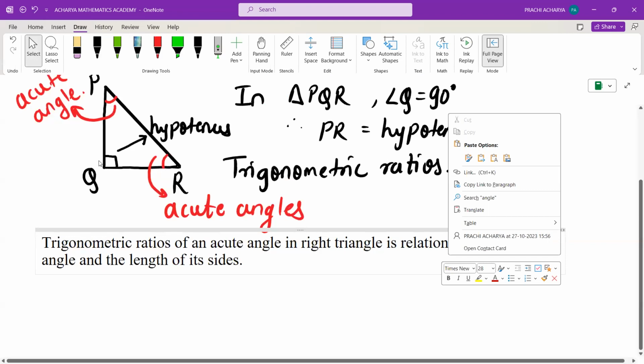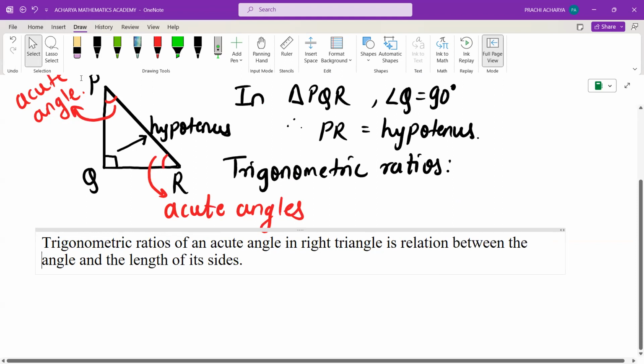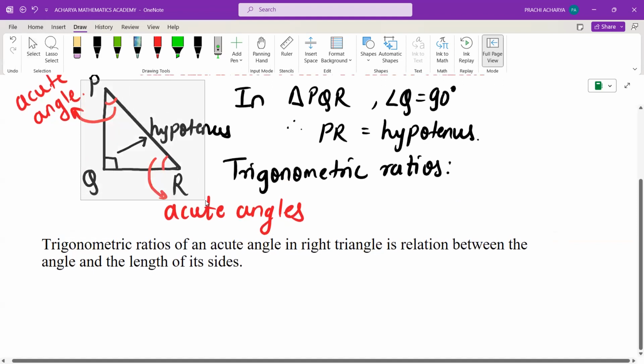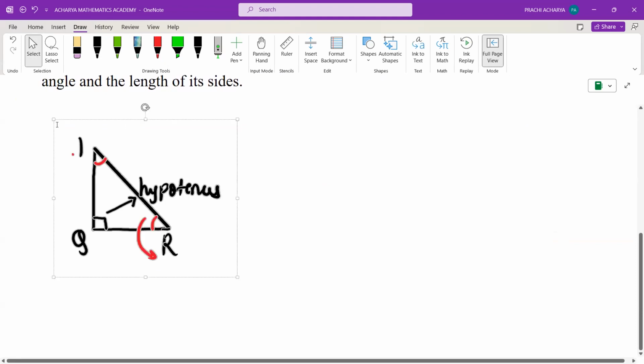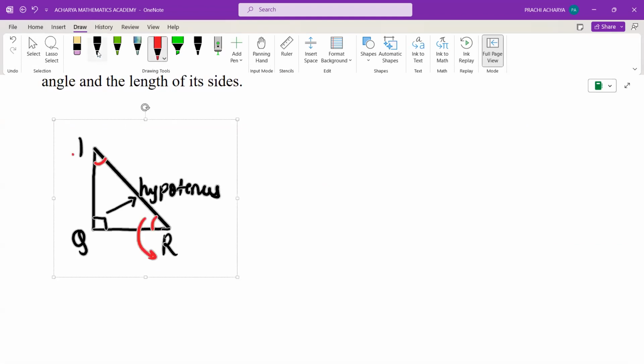So I'll just copy this figure down. Yeah, we have to do some modifications, no problem. So let's say this is our triangle, right angle triangle PQR.